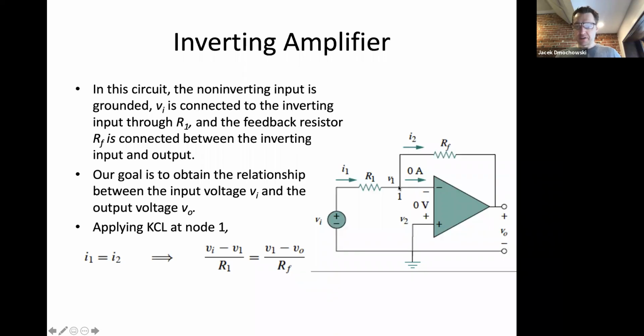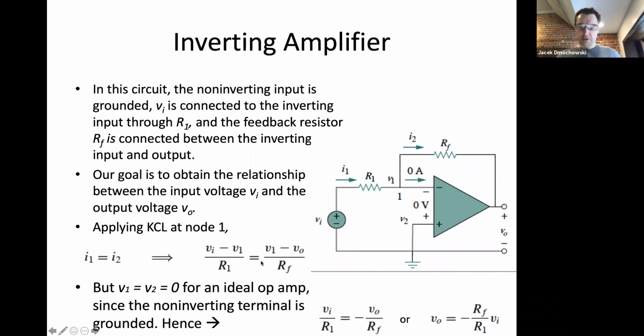I2 is equal to V1 minus V naught divided by RF. So those two currents have to equal each other. In other words, I1 has to flow across the feedback path to the output. So all we're saying is that this current equals this current, and then we're expressing each of those currents with Ohm's law.